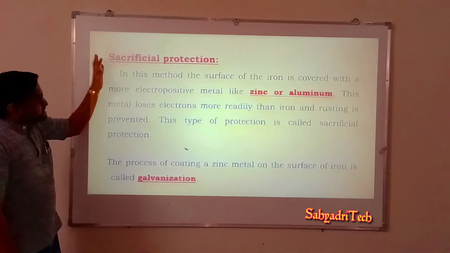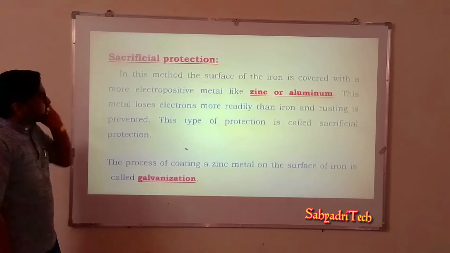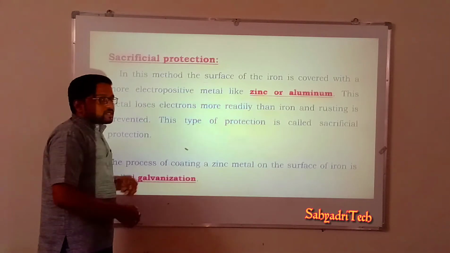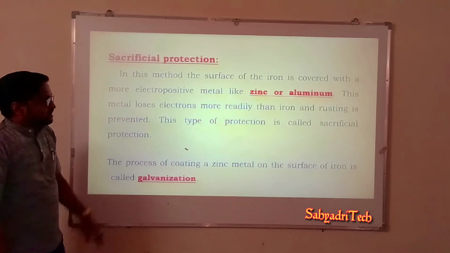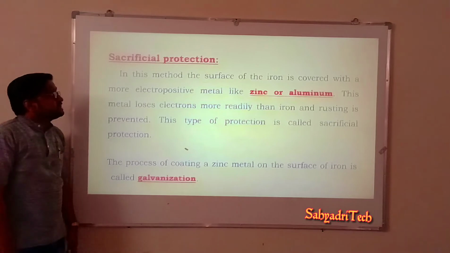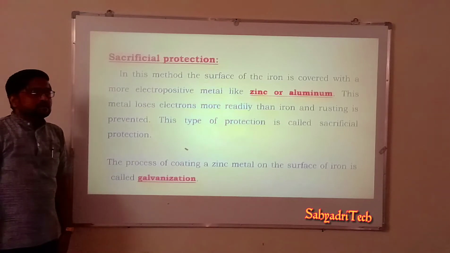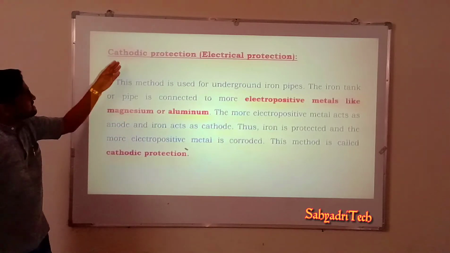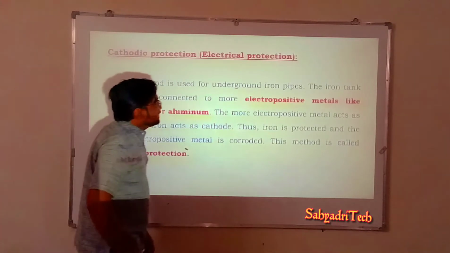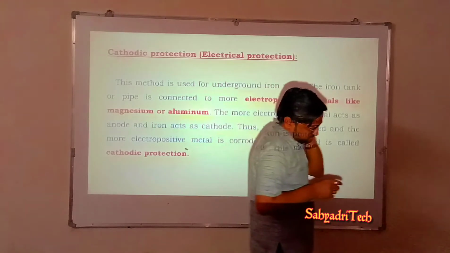Okay. So in sacrificial protection, the surface of iron is coated with more electropositive metals like zinc or aluminum. Well, that's regarding the second, sacrificial protection. This sacrificial protection can also be considered as cathodic protection, or we can say electrical protection.